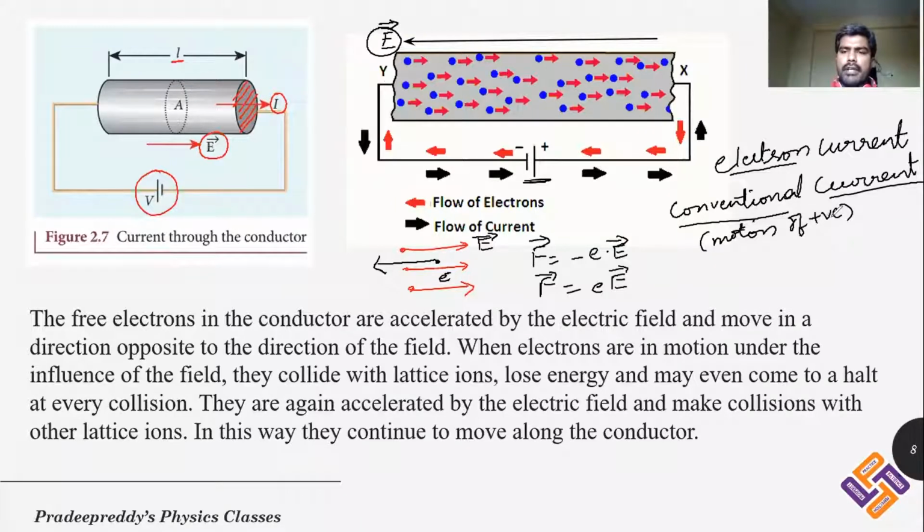Usually we get habituated, as current is a scalar quantity, to take current I is equal to NE divided by T, and this E is positive charge by default.